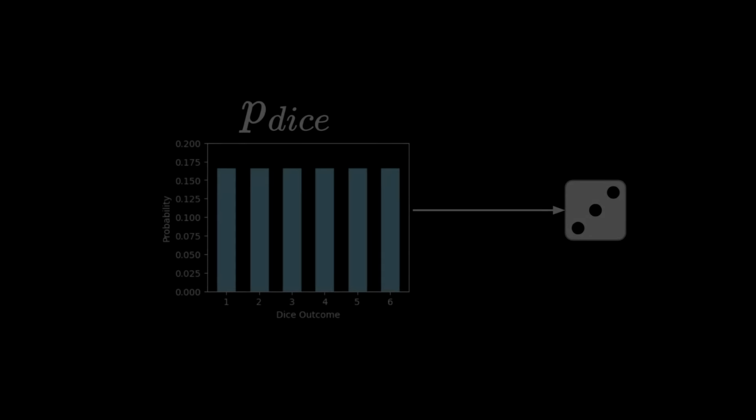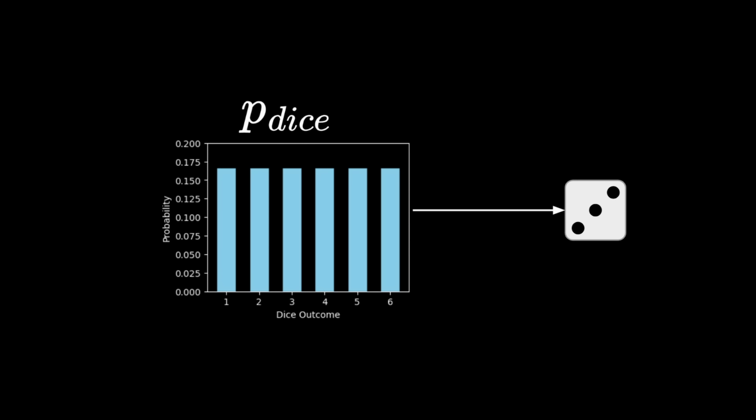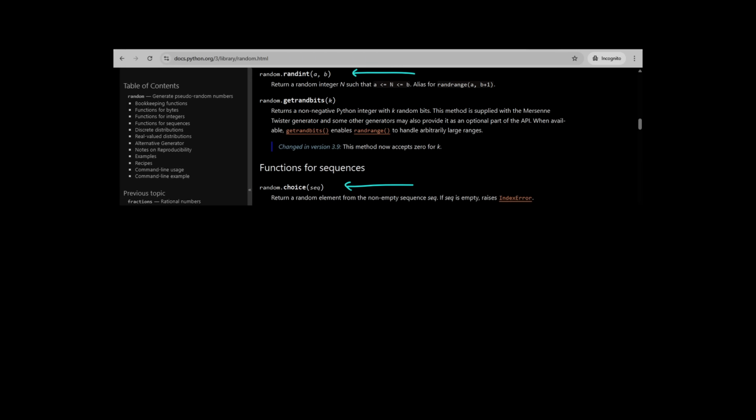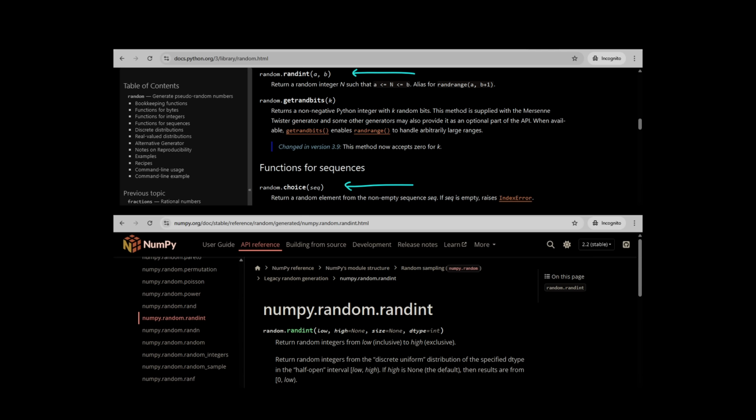You might recognize that this program should sample from a uniform distribution over 6 discrete options. You might even know some libraries or tools that give you this program out of the box, like Python's random.randint, for example.